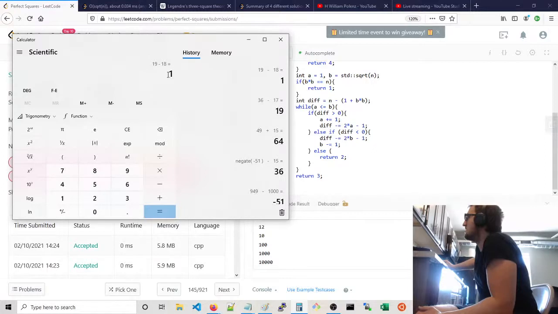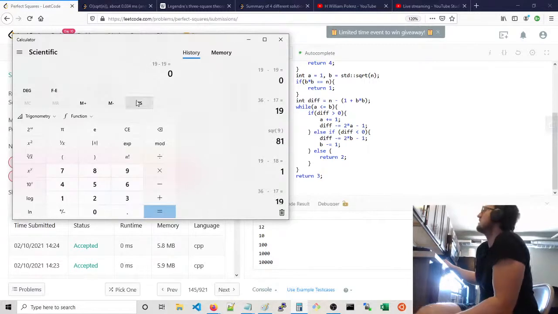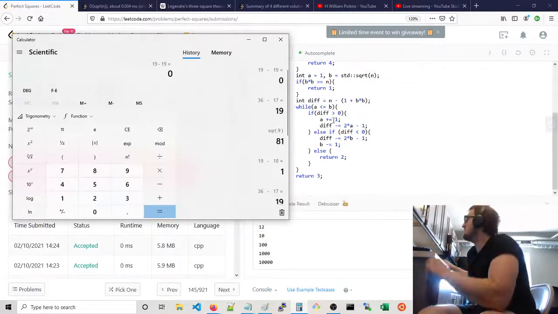All right. That's pretty close. So 9 squared. Oh, no, it's not 18. It's 19 minus 19. Excuse me, 36 minus 17, and then minus 19. All right. So now we're at 0, right?